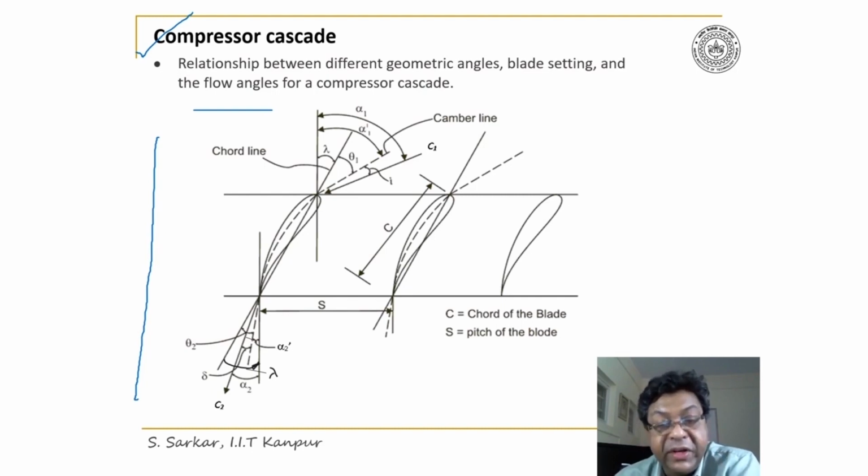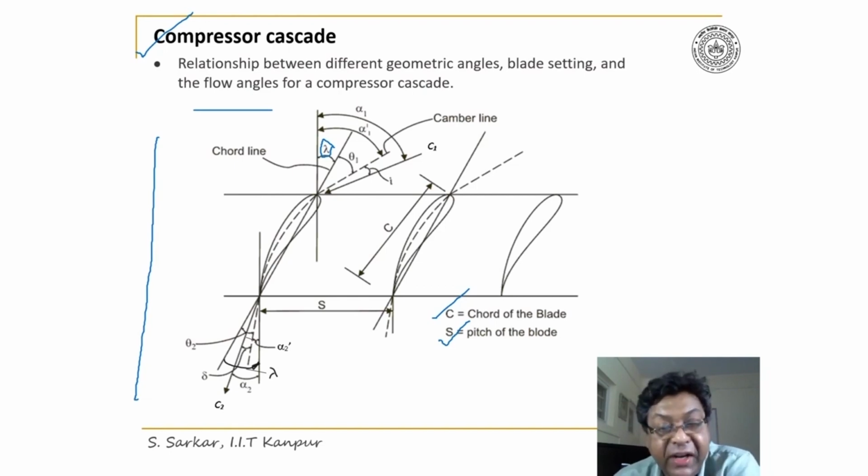Look, this is a compressor cascade I have told, and C is the chord and S is equal to pitch, which I have indicated here. I have also shown the chord line. So I have illustrated lambda. Lambda is the stagger angle. I have superimposed here the camber line.